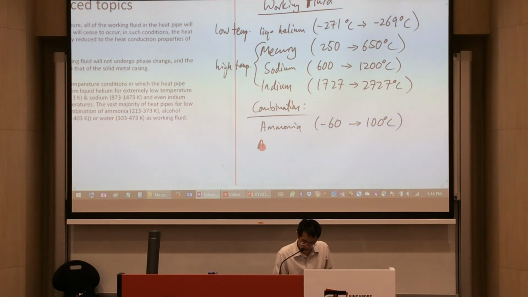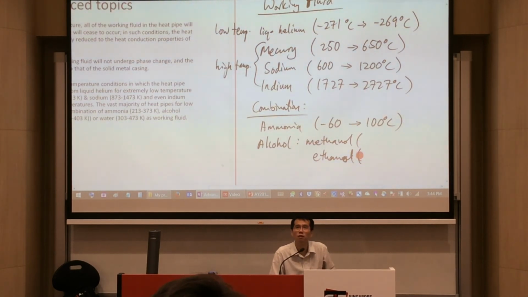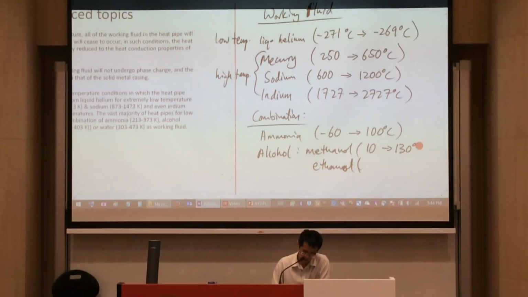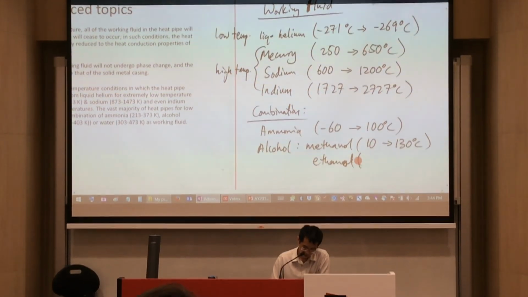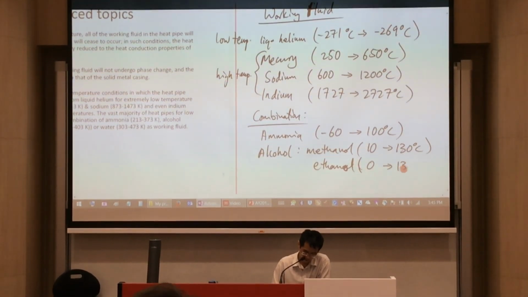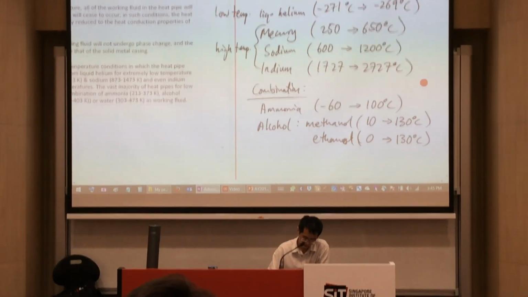There are also others, like the alcohol that I was talking about, and there are two types of alcohol. One is methanol, and the other one is ethanol. So methanol is in the region of 10 to 130 degrees Celsius, and ethanol 0 to 130 degrees Celsius.